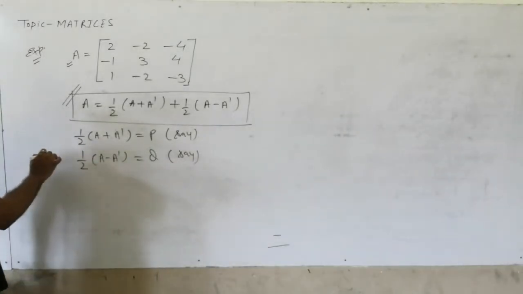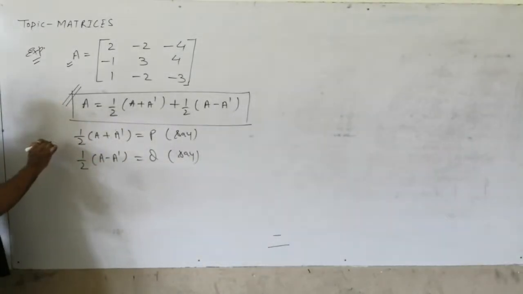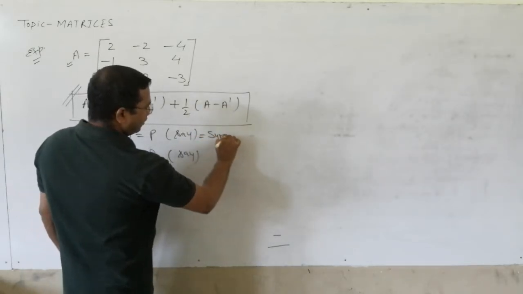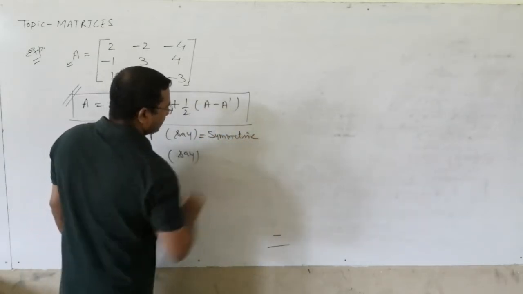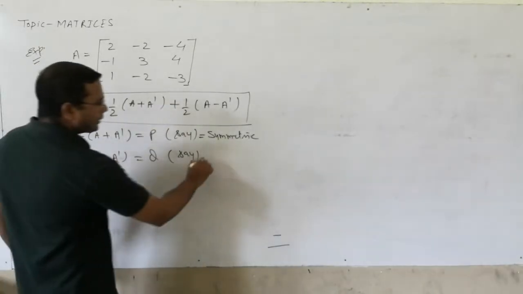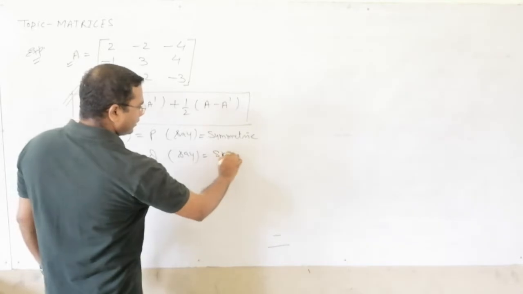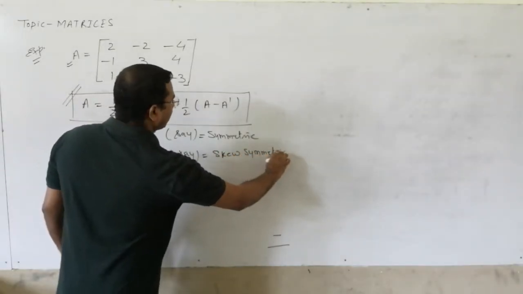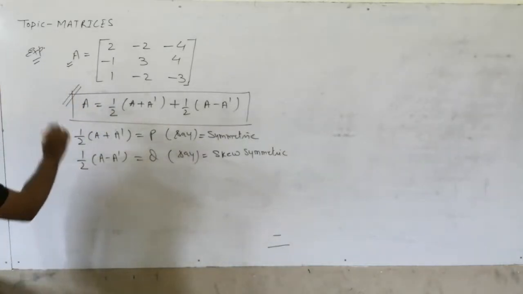Because A plus A transpose always represents a symmetric matrix, and A minus A transpose always is skew-symmetric. So let us see how we will do it.